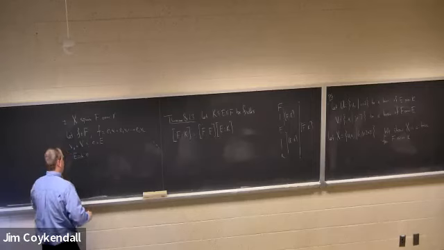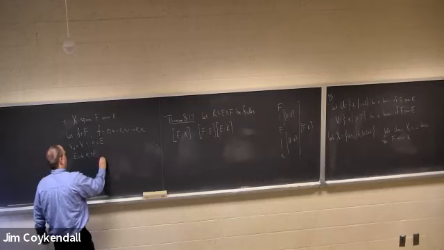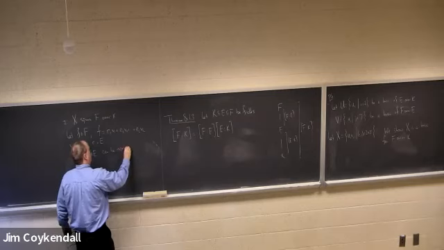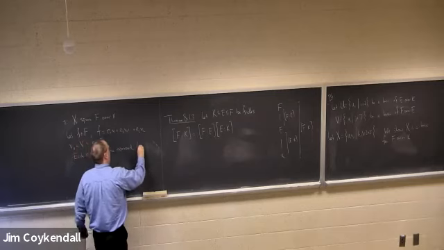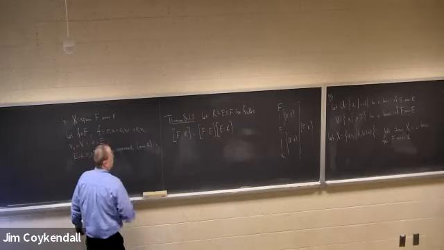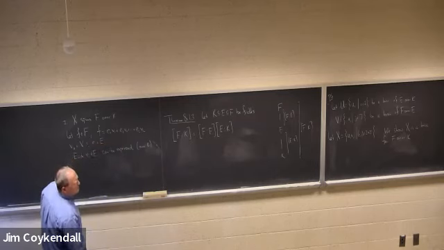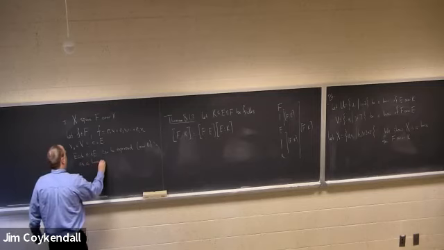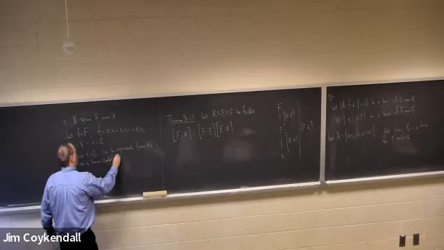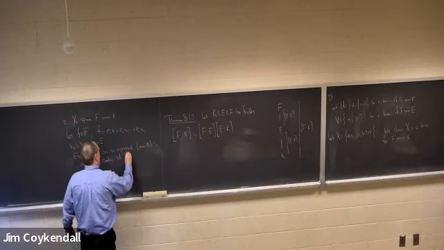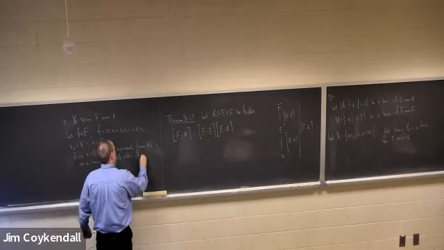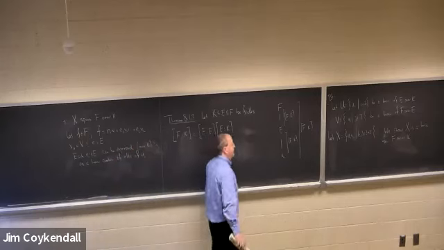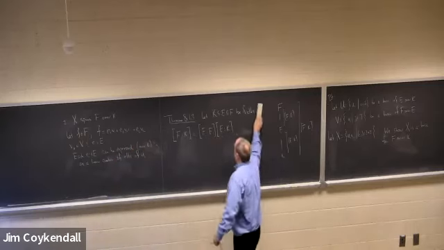Each one of those EIs in E can be expressed over K as a linear combination of the U's. And since there's only finitely many of them, I can be sloppy about this.